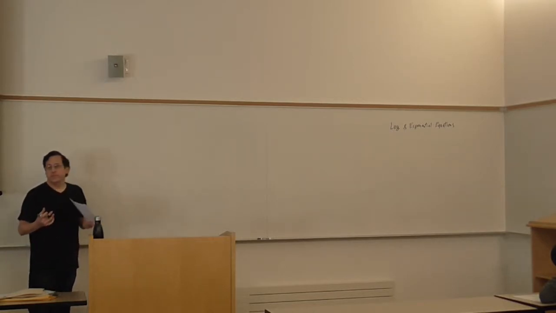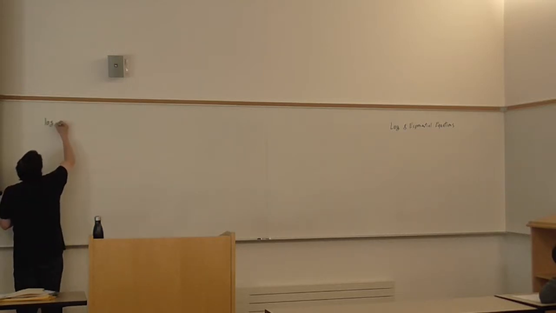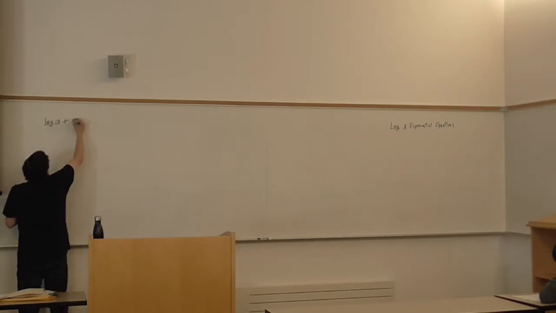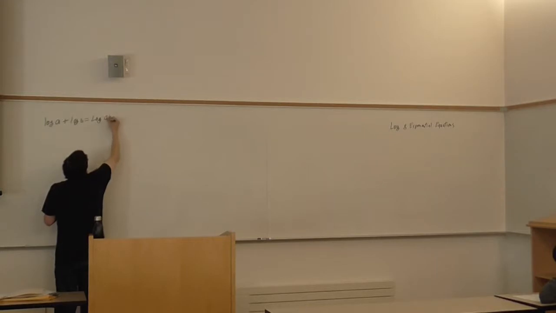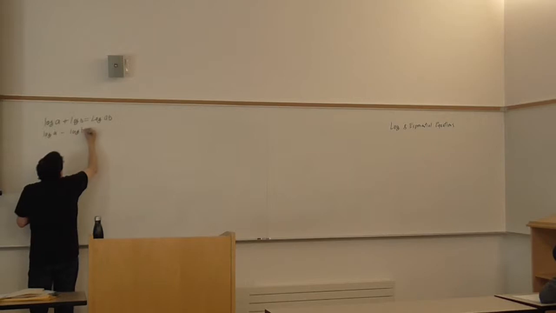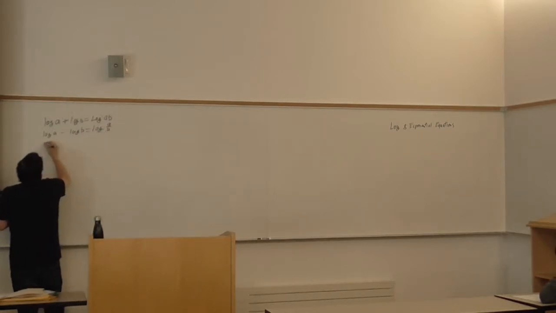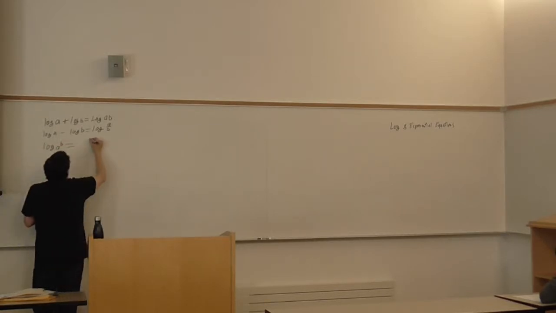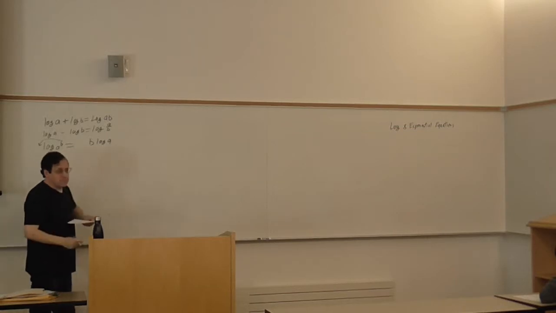Your main tools, of course, are the laws of logs. Log of A plus log of B equals log of AB, and log of A minus log of B equals log of A divided by B, and log of A to the power of B is just B times the log of A. That is, I can take this exponent and move it over.